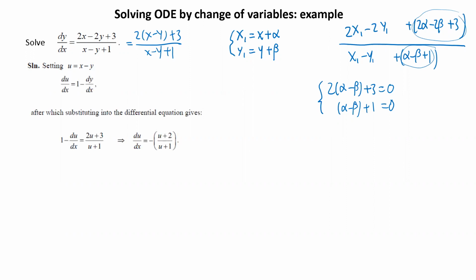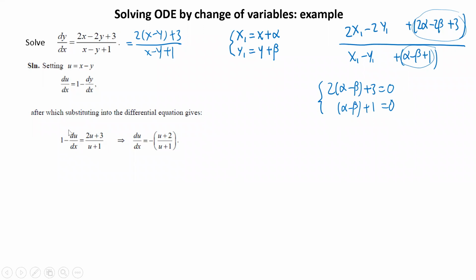Then what happens is that you have du/dx equals 1 minus dy/dx, right? If you do that, you just replace this dy/dx with this du/dx. Then the left hand side is just 1 minus du/dx, and the right hand side only has terms in terms of u.